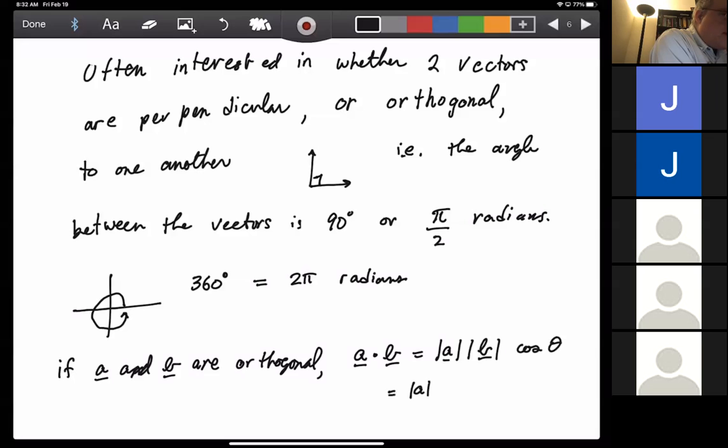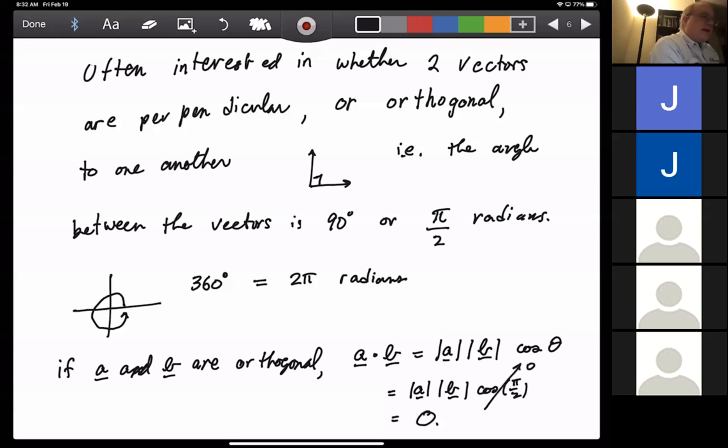So that's going to be the length of A times the length of B times the cosine of pi over 2 radians. But what is the cosine of pi over 2 radians? It's 0. Okay, so someone in the chat gave me that.